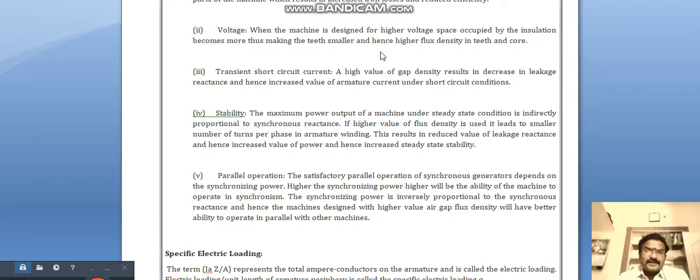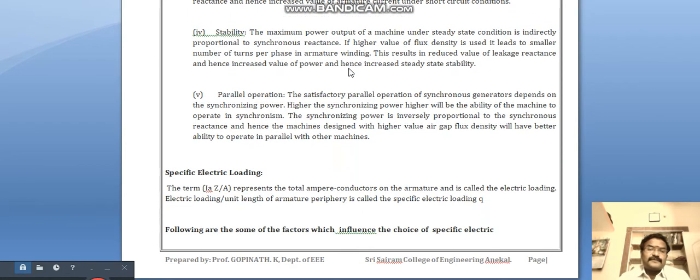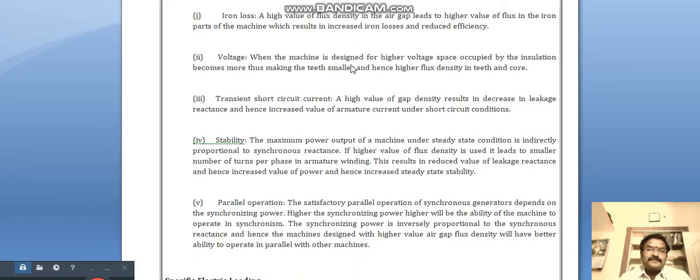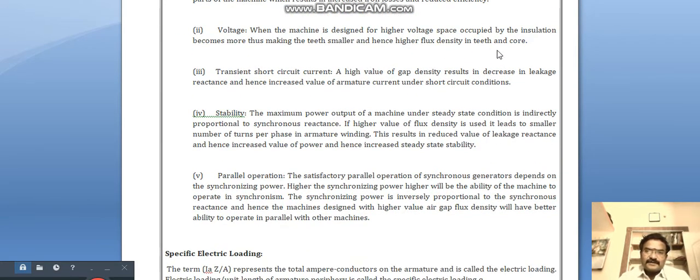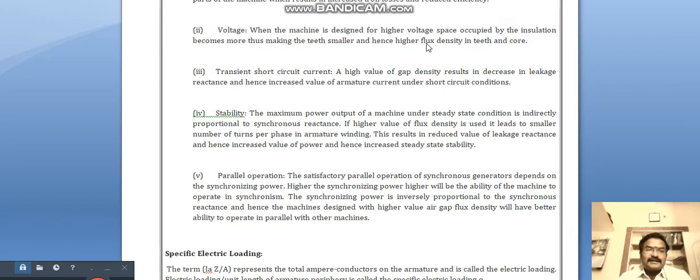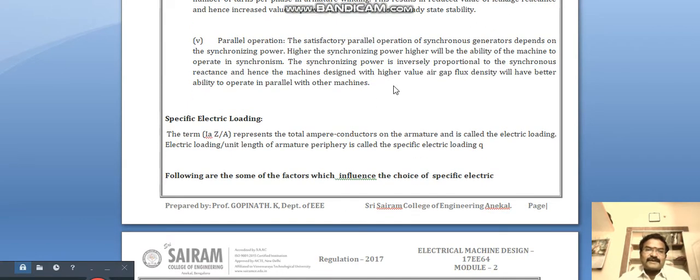This makes the flux density in the teeth higher, and iron losses will be more. So we should choose the specific magnetic loading so that the iron loss is not excessive.